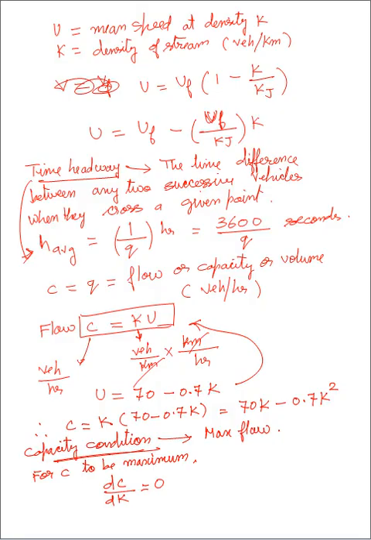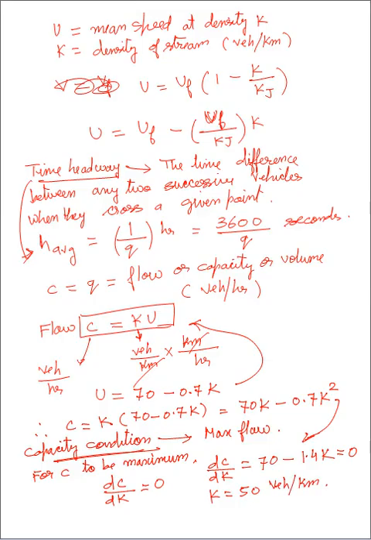So dC by dk is 70 minus 0.7 k square becomes 2 into 0.7, that is 1.4 k, equal to 0. There is one unknown and one equation, so we get k is equal to 50 vehicle per kilometer. I hope you are understanding.